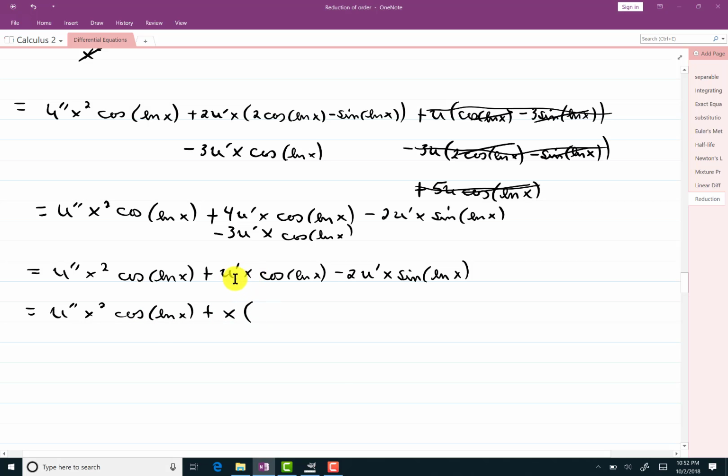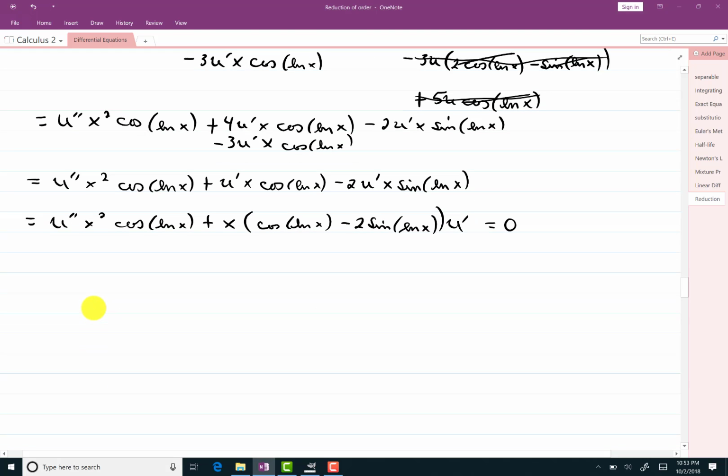And that'll leave me with cosine of ln of x minus 2 sine of ln of x, and then I'll put my u prime after that. Remember, all of this is set to equal 0. Now what I'm going to do next is I'm going to divide everything by x squared cosine ln of x.